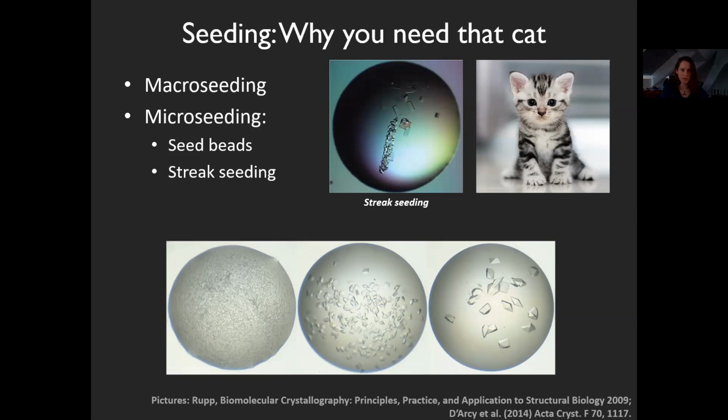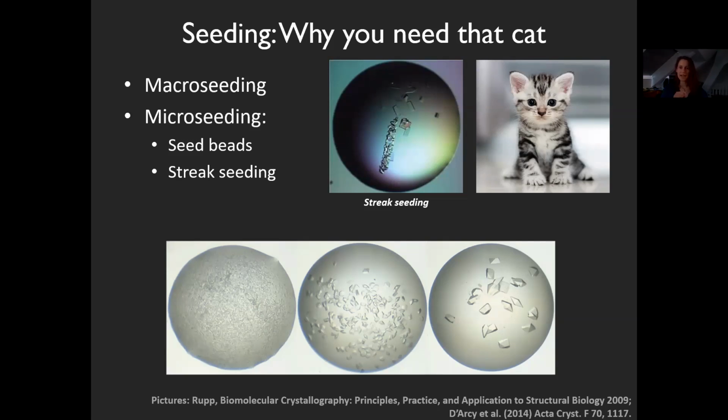This is called macroseeding. Microseeding is when you introduce nucleation that is so small that you can't even see it. And we typically do this, for example, by streak seeding, for which we prefer to use cat whiskers.